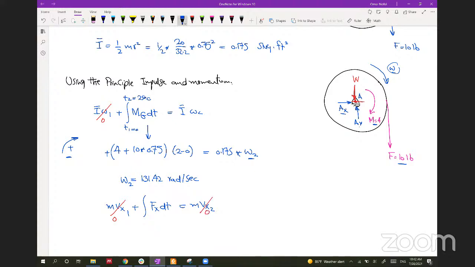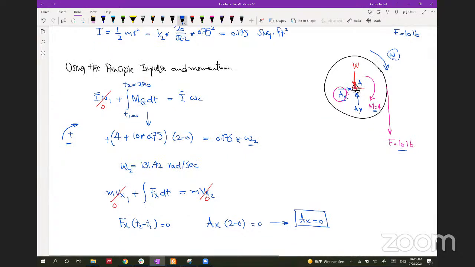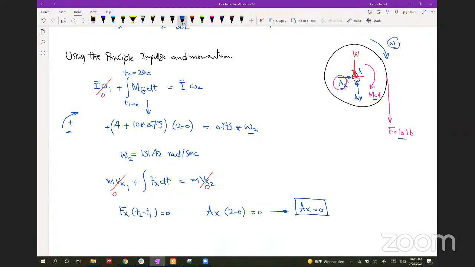So you will have that all the forces in the X direction multiplied by T2 minus T1 will be equal to 0. What are the forces in the X direction? It's only Ax. So you will get Ax multiplied by 2 minus 0 will be equal to 0. This will give you that the reaction in the X direction is equal to 0. So this is equation 1, 2, 3.